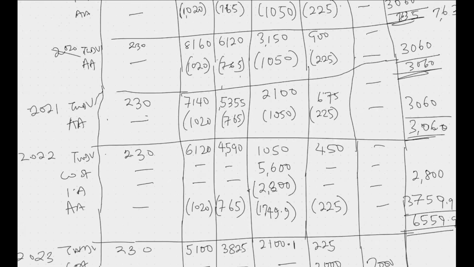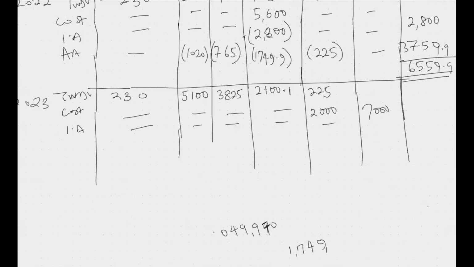That's 500. So 95% of 7,000 is what? 6,650.